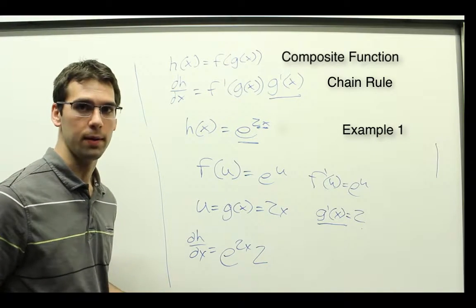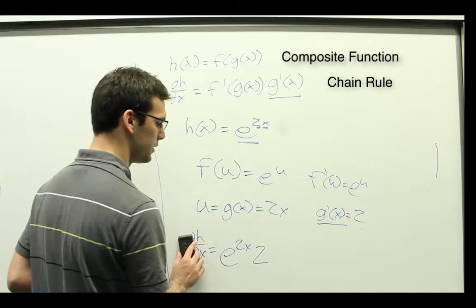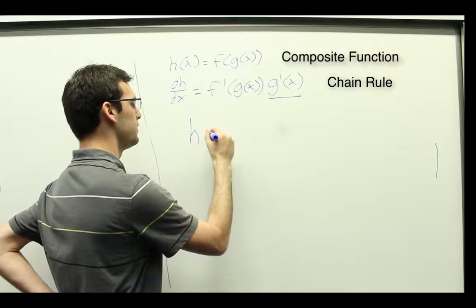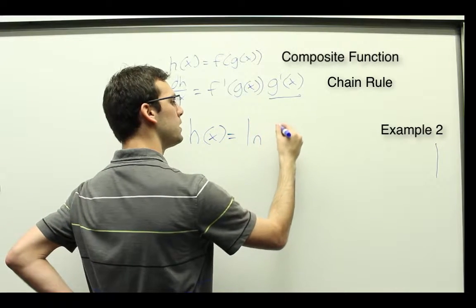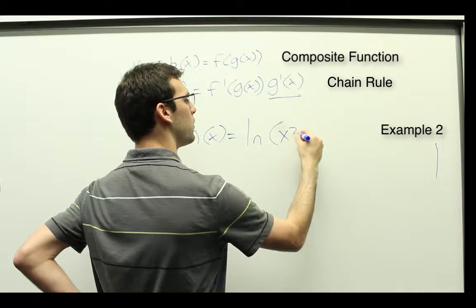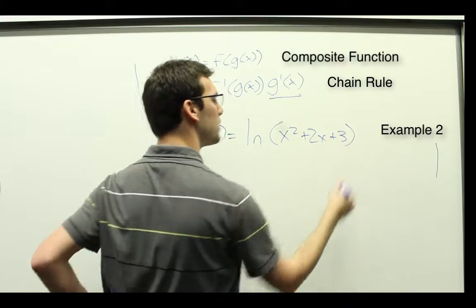We're going to do another example, which may help to solidify your understanding. H of x equals the natural log of x squared plus 2x plus 3. Okay?